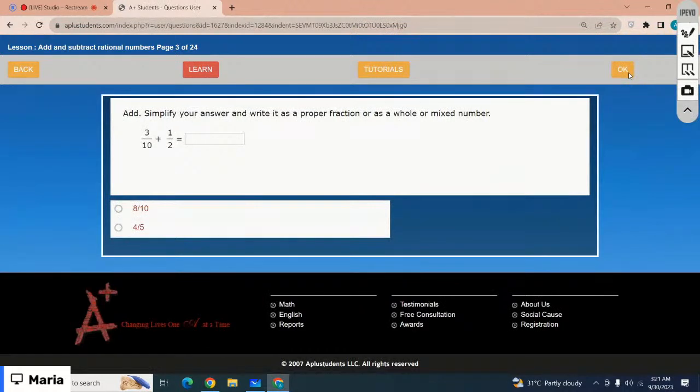Okay, add 3 by 10 plus 1 by 2. So which is the correct option? The correct option is, very good. That would be 4 over 5.